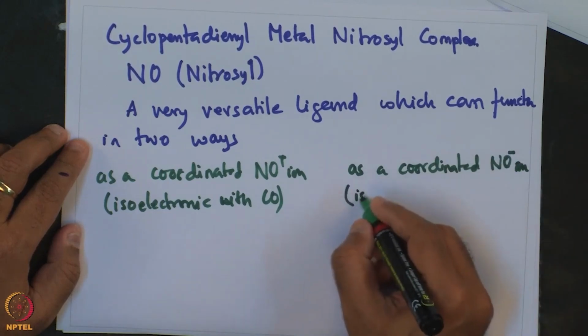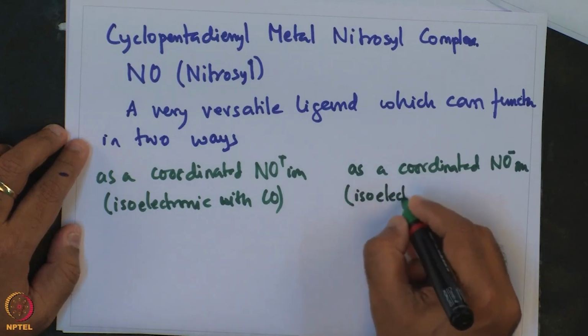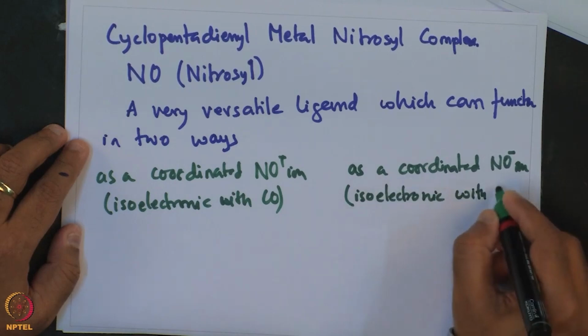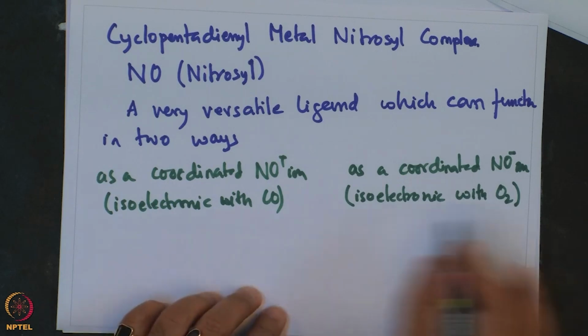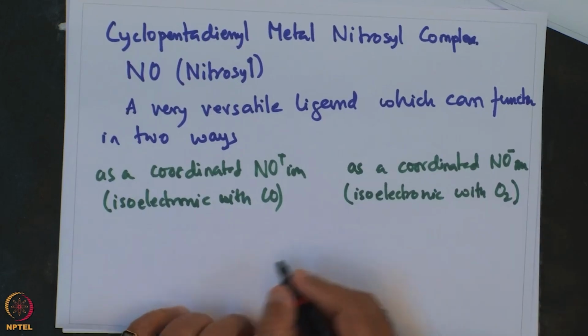In this case, it is isoelectronic with O2. Now, the interesting thing about NO is that NO can bind in a linear fashion as well as in a bent fashion, and this is illustrated over here.